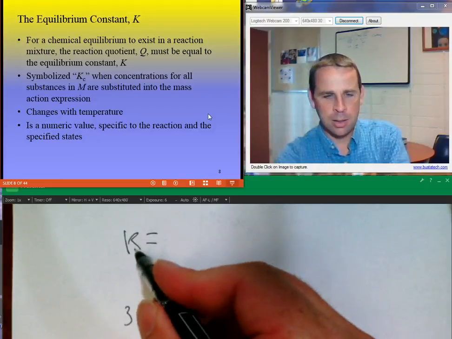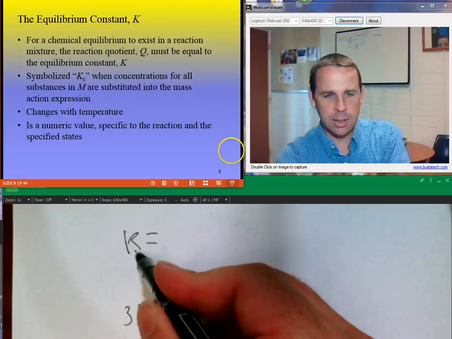Then the equilibrium expression is the concentrations of the products multiplied together, raised to their coefficients, over the concentration of the reactants raised to its coefficient at equilibrium. So K is that mass action expression at equilibrium. If I was just given initial conditions and I wanted to find out what the initial quotient was, then I wouldn't want to call this the K, I would call it Q.